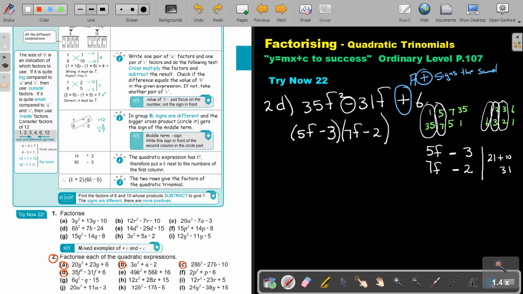Okay, and that will be my final answer. It's very important that you actually do this whole exercise before you continue to make sure that you know the difference between group A and group B, and it's really not so difficult, but it's also something that we will use a lot in grade 12 mathematics.